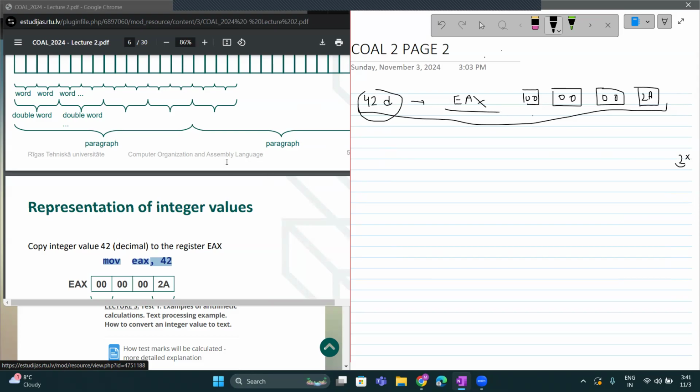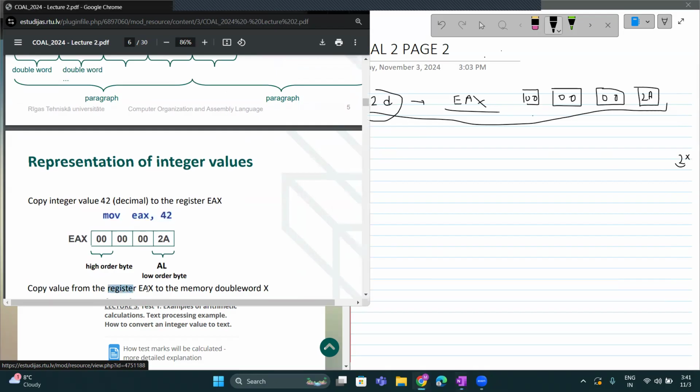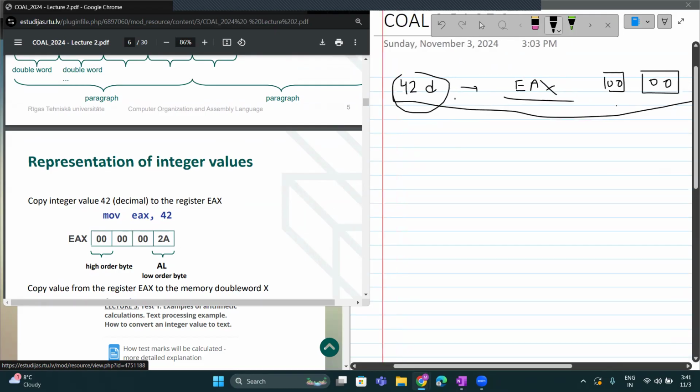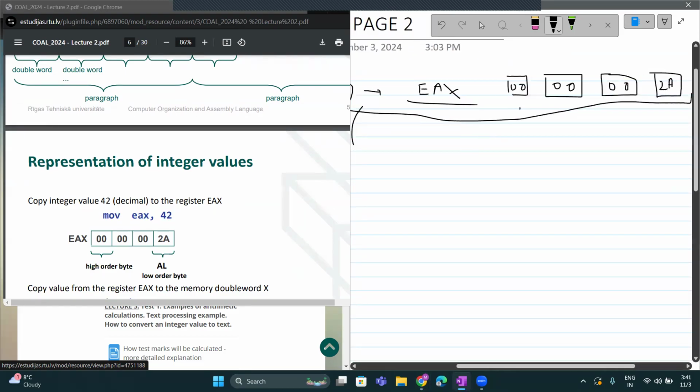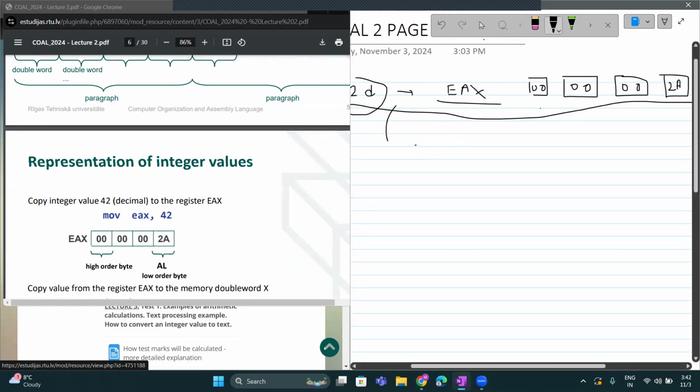But if we want to copy the value of register EAX to memory, double word X, that means we want to copy this value to memory in the form of a double word. And a double word, if you remember, was 4 bytes, the same as here.